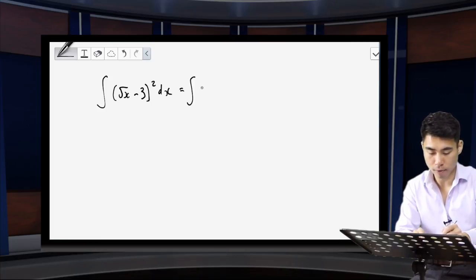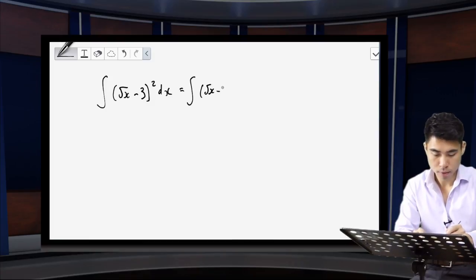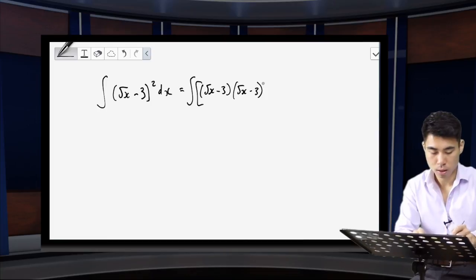So essentially I have root x minus 3 times by root x minus 3. Okay, and I'm integrating this all with respect to dx.